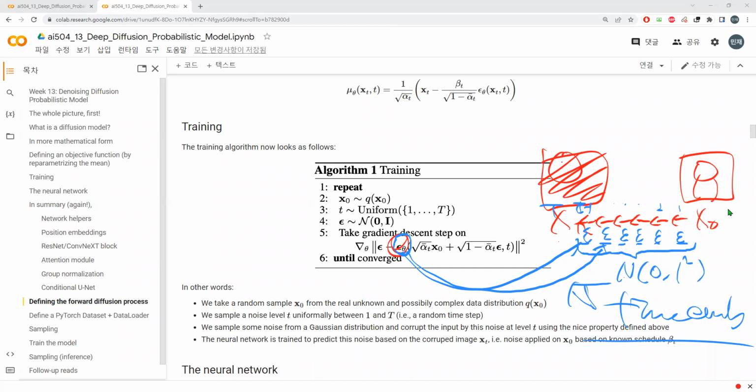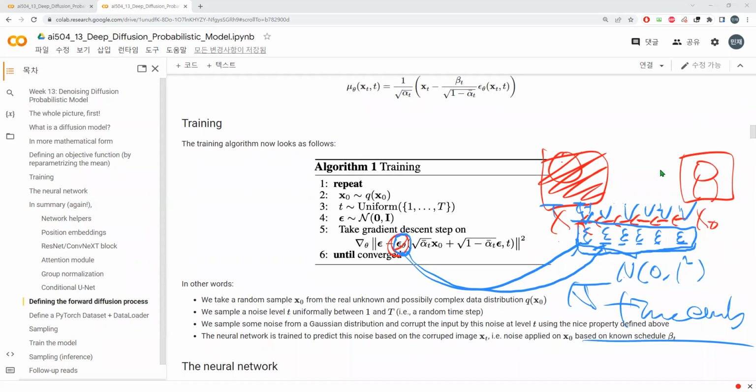So all these epsilons do not mean the accumulated epsilon. Each epsilon means the sampled noise for each time step. Okay.